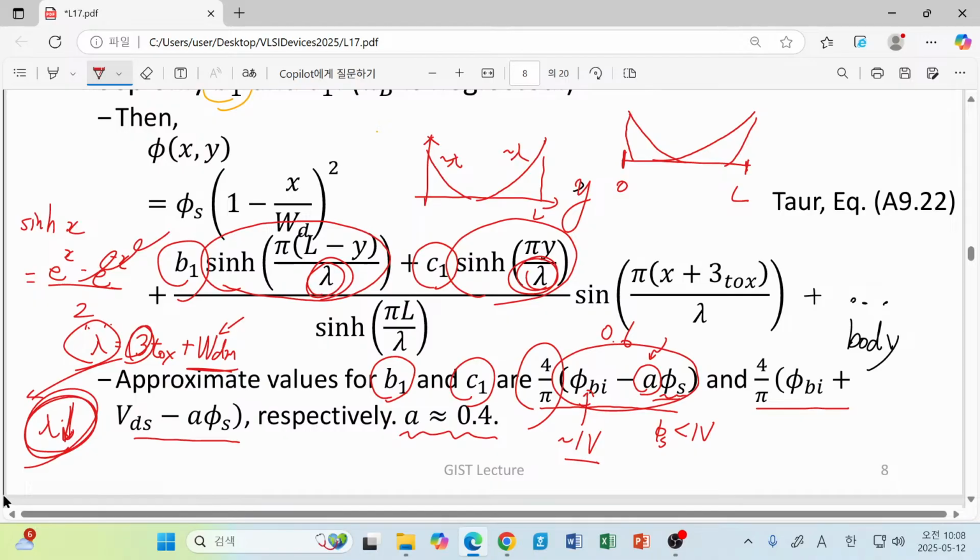Then how can we have the shortest lambda scale? Of course, the depletion width should be reduced. Then how can you control depletion width? Depletion width is a function of doping density. If we introduce higher doping density, then we will have a relatively short depletion width.